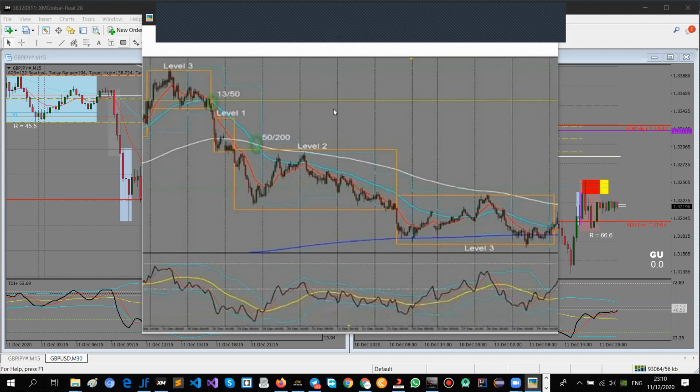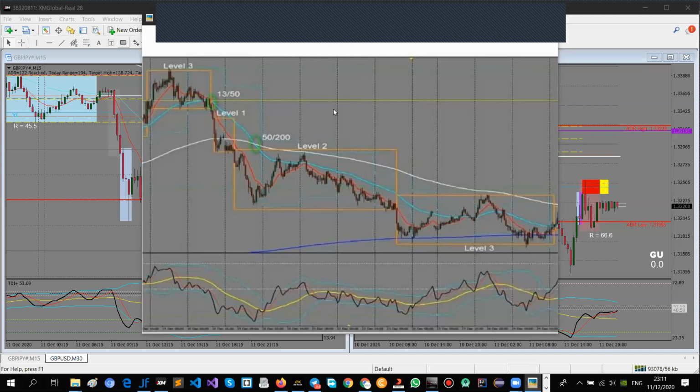Then the level 1 is also confirmed by the 13 and 50 EMA crossover. Level 2 is confirmed by the 50 and 200 crossover.